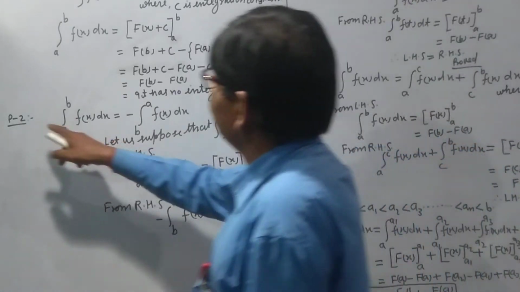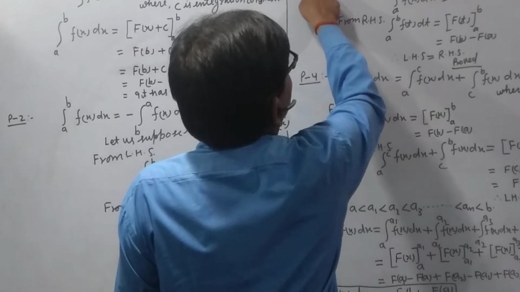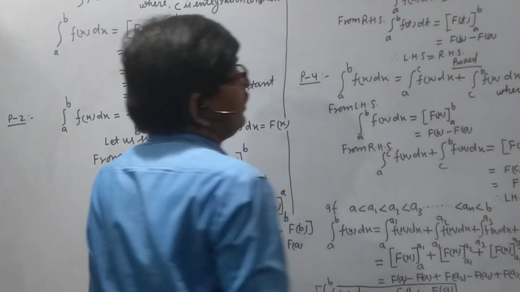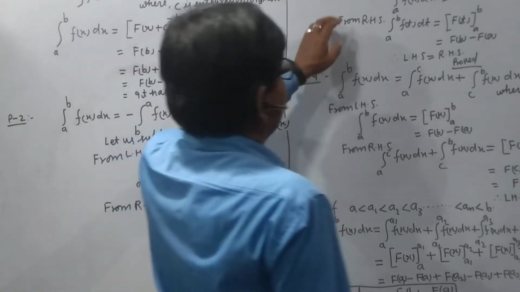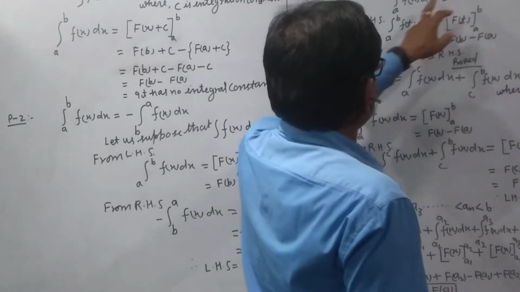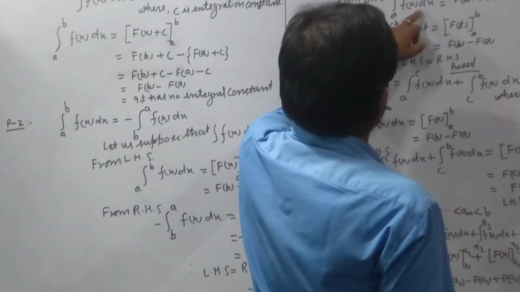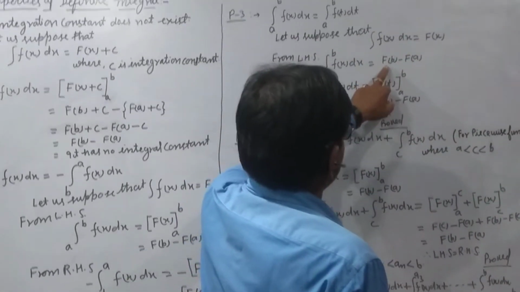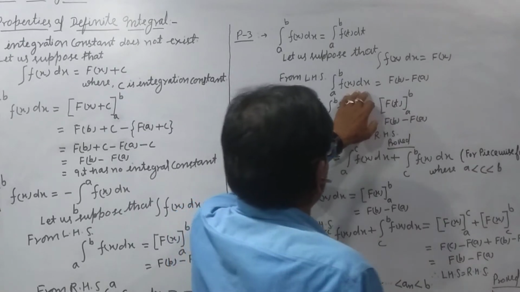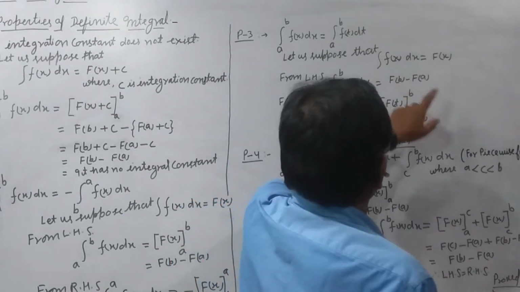Now we take property number 3: the integral from a to b of f(x) dx is equal to the integral from a to b of f(t) dt. Here we change the parameter. Let us suppose that the integration of f(x) dx is equal to F(x). From the left hand side, the integral from a to b of f(x) dx is F(x), and putting the lower and upper limits, F(b) minus F(a).